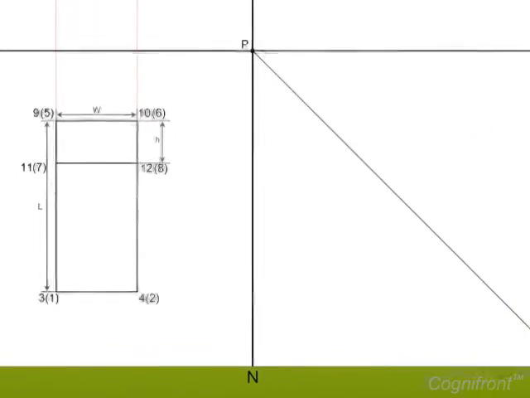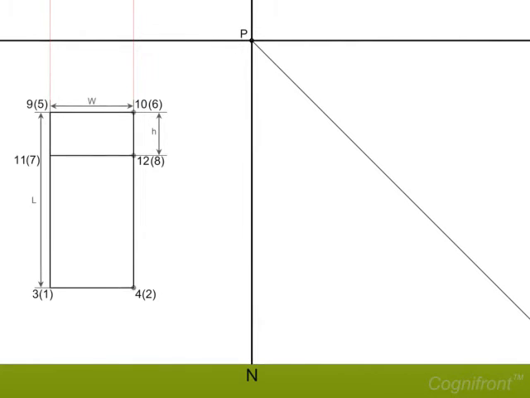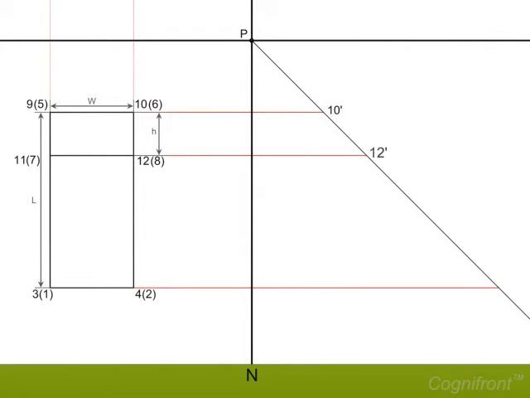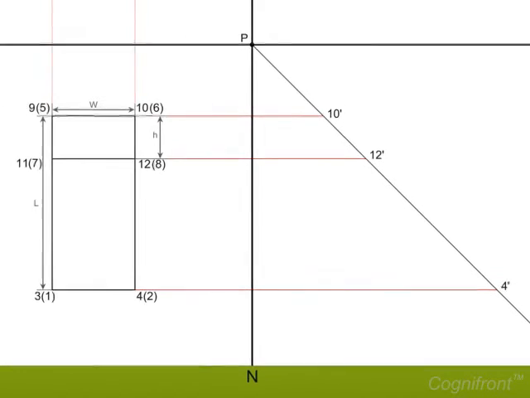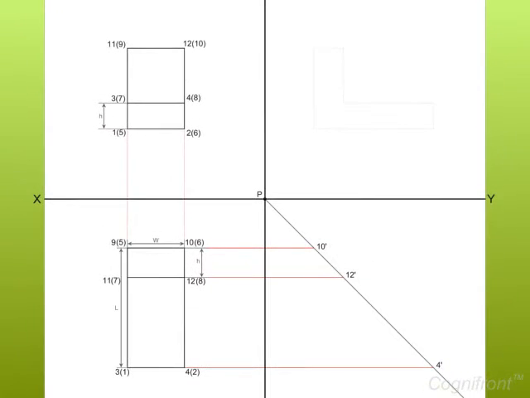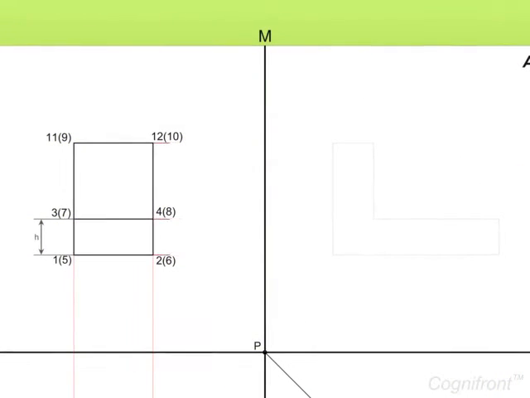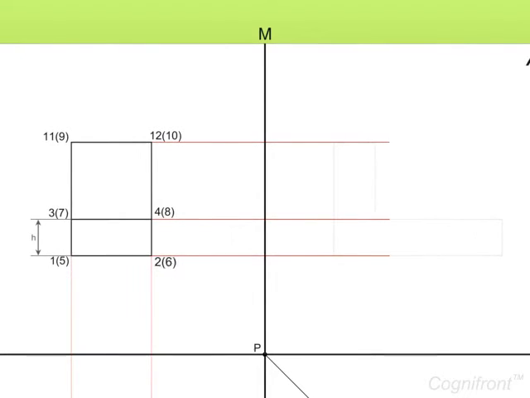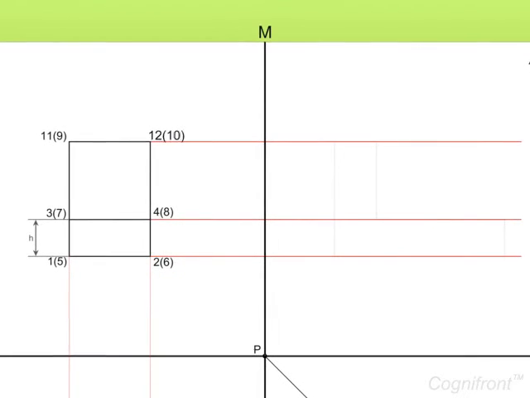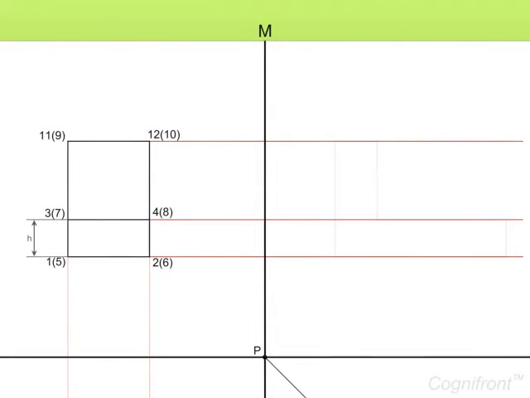Now, draw projectors from the corner points of the top view to meet this inclined line at 10', 12' and 4'. Next, from the front view, draw horizontal projectors from points 2, 6, 4, 8 and 12, 10 parallel to the line XY.